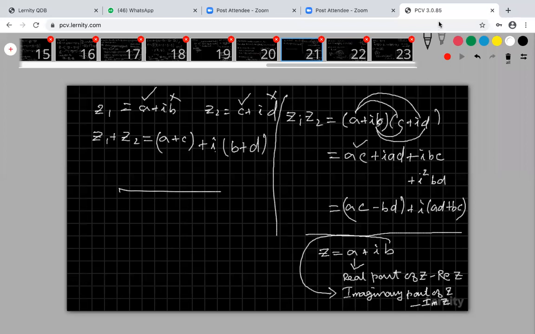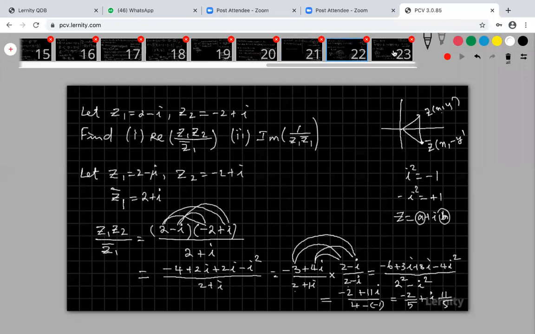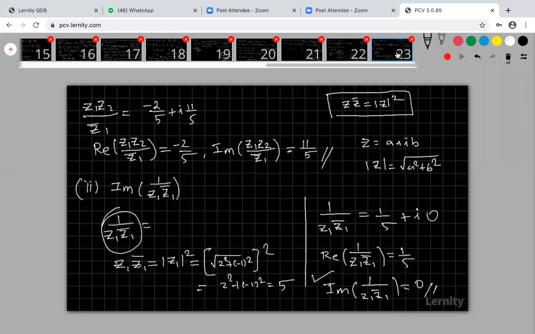Numerator: Z1 plus Z2 plus 1. Denominator: Z1 minus Z2 plus 1. Take the modulus of the numerator and the denominator. Find the value.